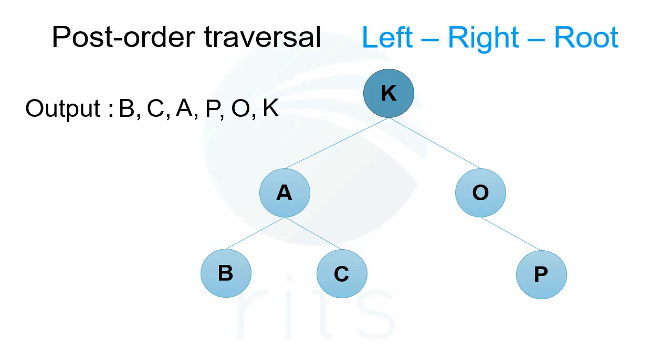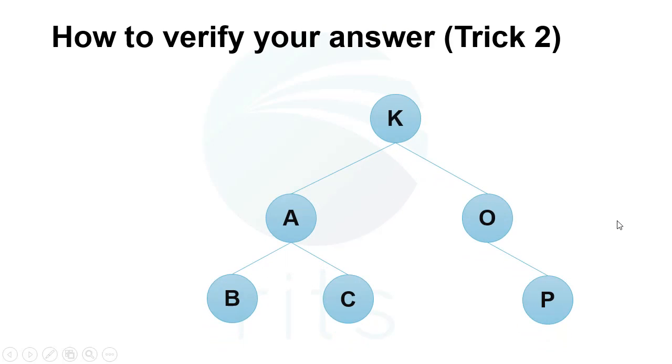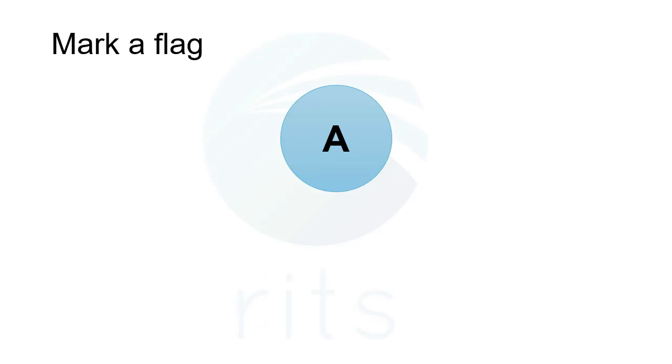Here comes the most exciting part of the video, which is how to verify your answer once you have completed the tree traversal. Well, you have to mark a flag adjacent to a node, and the position of the flag depends on pre, in, and post traversals. So what will be the position of the flag in each of these cases?